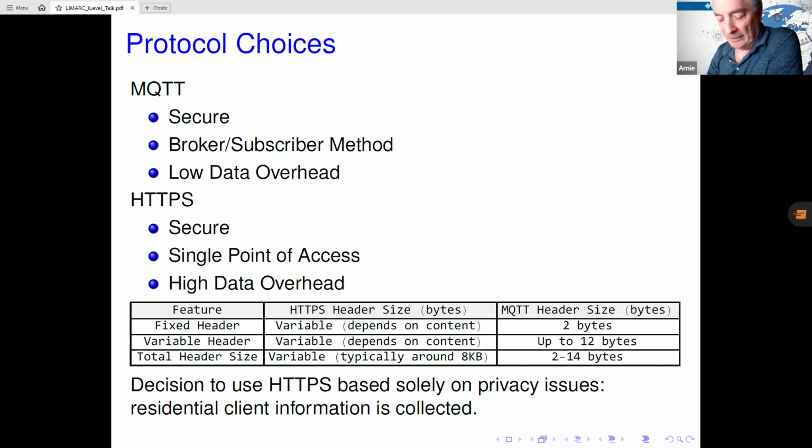Since we're collecting residential client information, both these protocols are secure, but HTTPS seemed more appropriate since there's no subscriber to any of the data.